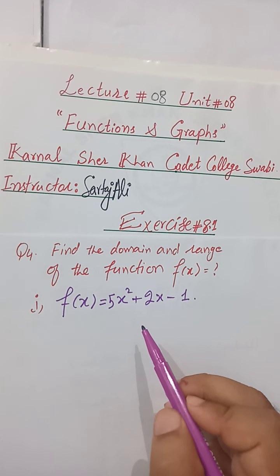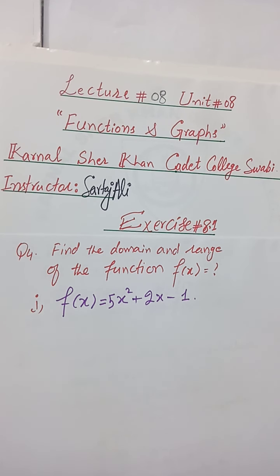According to the definition, domain is those values of the independent variable, those values of input for which the given function is defined. So if you put any real number, this function is defined on those values.